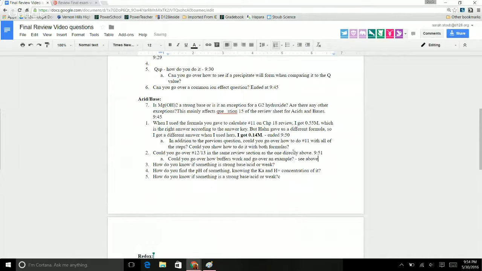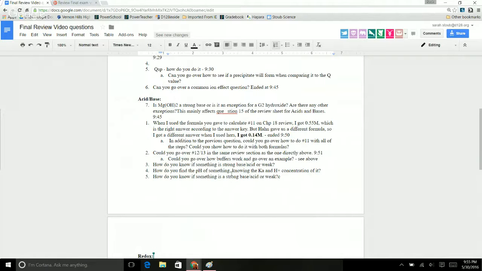How do you know if something is a strong base or acid or weak? The strong acids are ones you just have to memorize. I think there are 6, 8, I don't know exactly. They should be in your notes. They're sulfuric, nitric, hydrochloric, chloric acid, not phosphoric, hydrobromic, hydroiodic. 6.